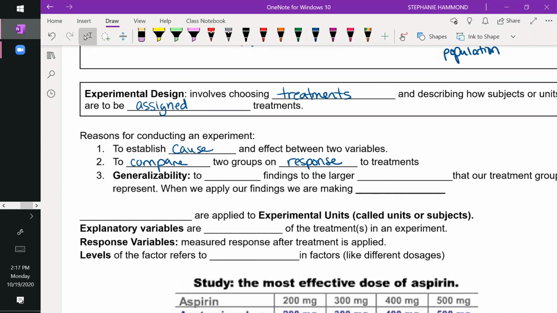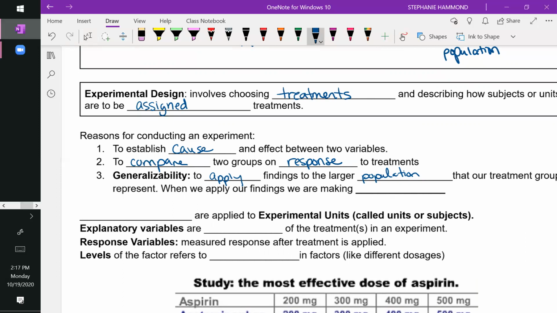Overall, we are wanting to achieve generalizability, meaning we want to apply findings to the larger population. So when we're performing an experiment, we can only perform an experiment usually on a sample. But with any sample data, we want to hopefully be able to make predictions about the entire population when we're done.